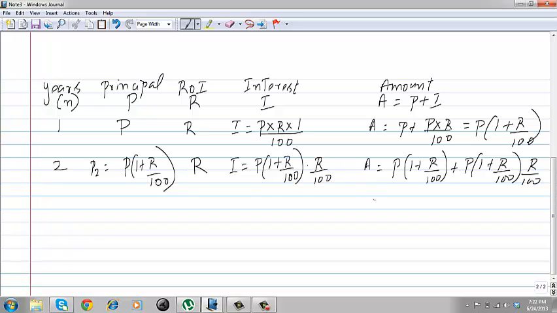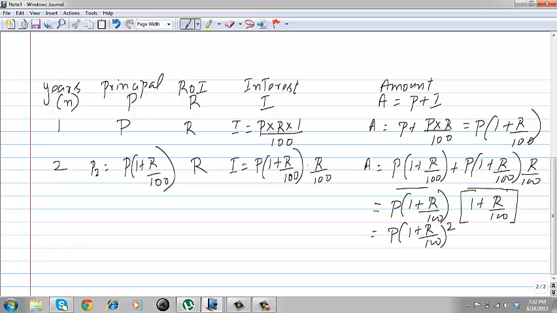So this simplifies to A equals, you can see that this term is common in both. So when I take it out, it would be P into 1 plus R upon 100 into 1 plus R upon 100. So this translates to P into 1 plus R upon 100 whole square.